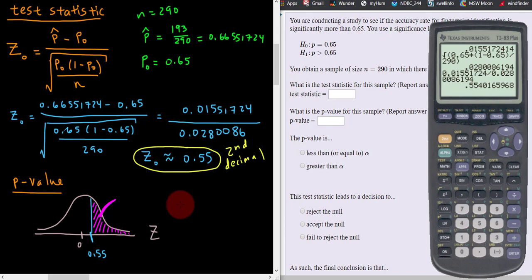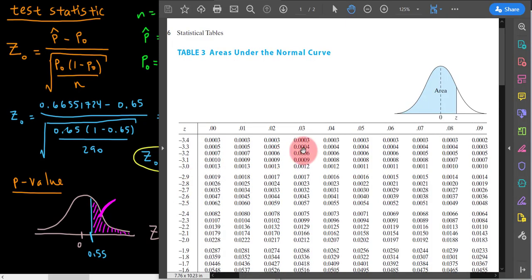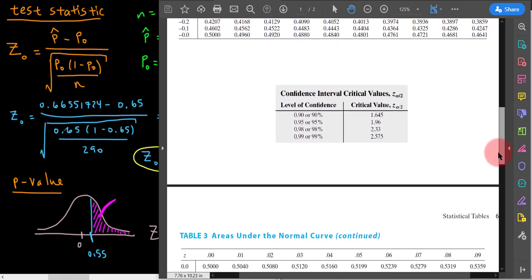So I'm going to pop open my z-table. Okay, here it is. Remember how the z-table works. If you look up a z-score, then the area inside the table here is the area to the left of that z-score. We want area to the right, so we're going to end up doing a 1 minus. But the z-score, the test statistic that we are looking up, is positive 0.55.